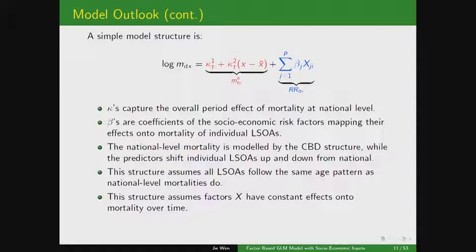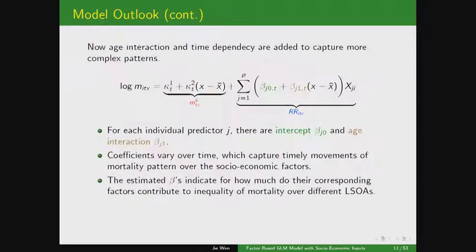That's why we have proposed an extended version of this model. The national level stays the same as the CBD structure, but if we concentrate on the LSOE level, we see that for each variable we now have two coefficients.